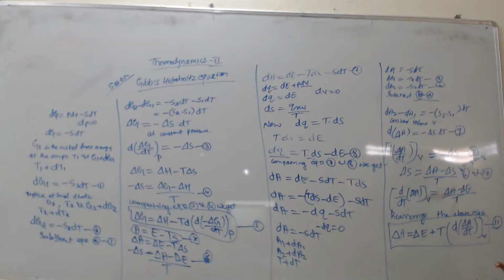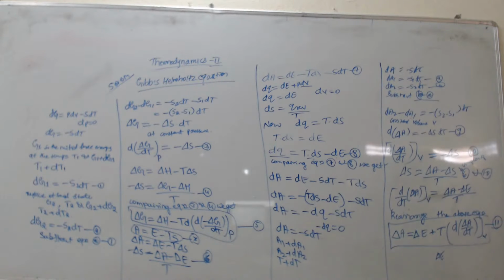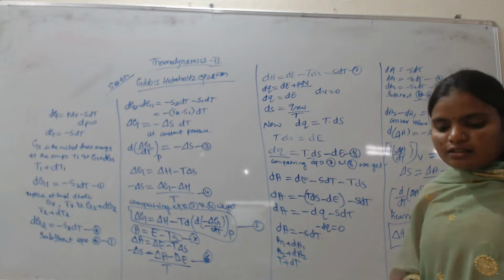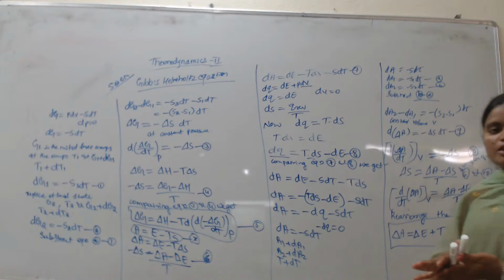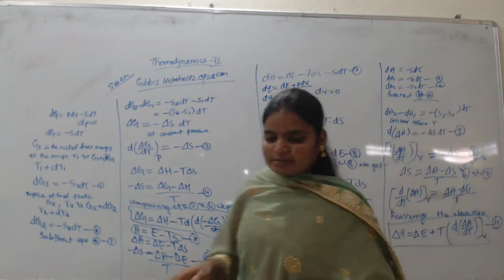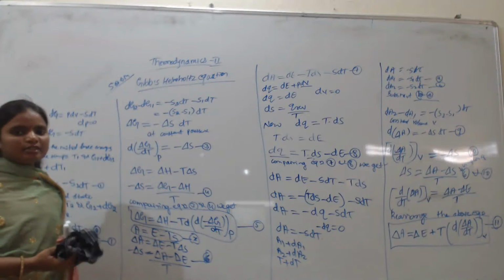This finally gives the Gibbs-Helmholtz equation in terms of the internal energy, that is delta E or delta U, and the work function delta A. This is very important for a 5 to 6 marks question.